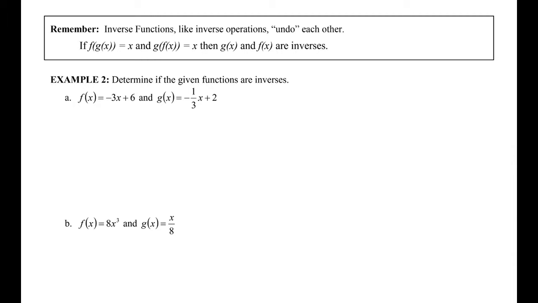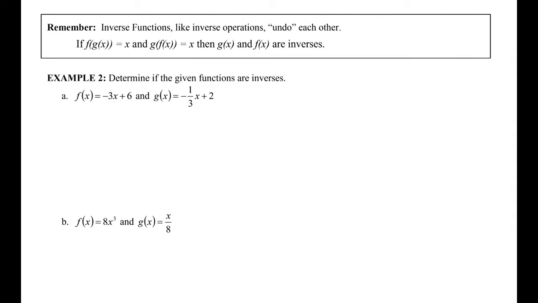So I'm going to start by testing f of g of x. Which means I'm going to start with my f function, and I'm going to copy down everything except for the x. Instead of the x, I'm going to put parentheses. Then, inside of the parentheses, I'm going to plug in the g of x function.